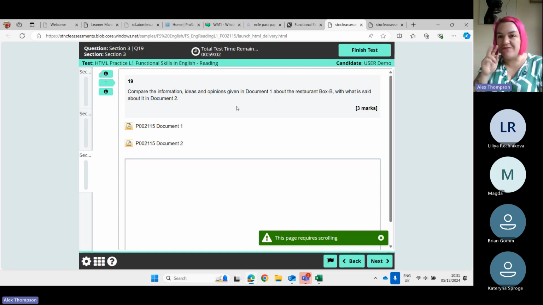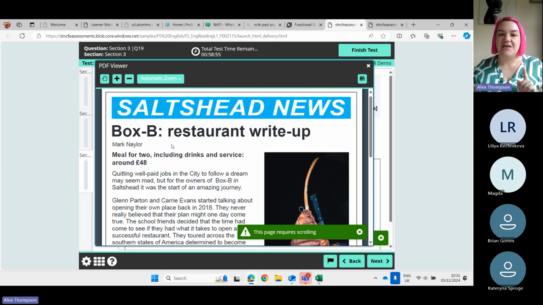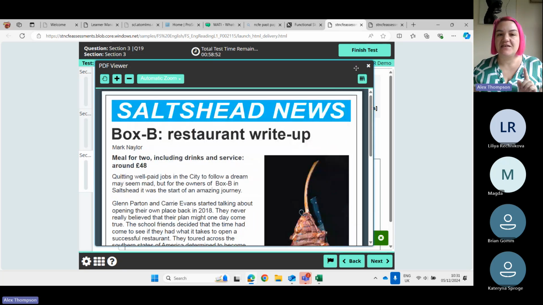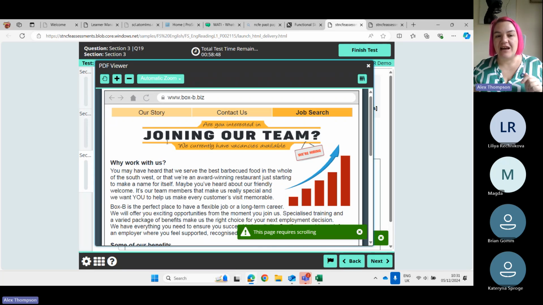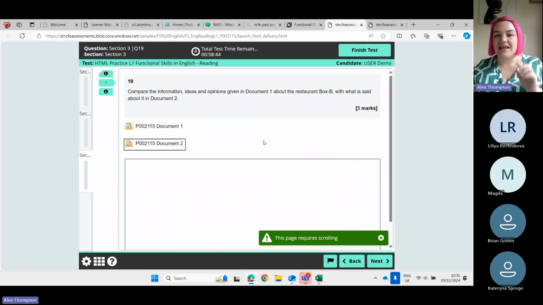So we've spent all that time looking at 2 level 2 comparison questions, and this is how it compares to a level 1. Again, you get the same kind of documents. In this case, we have a newspaper, and then we have a website, but the question is asking you to do a lot less at level 1, which is great.